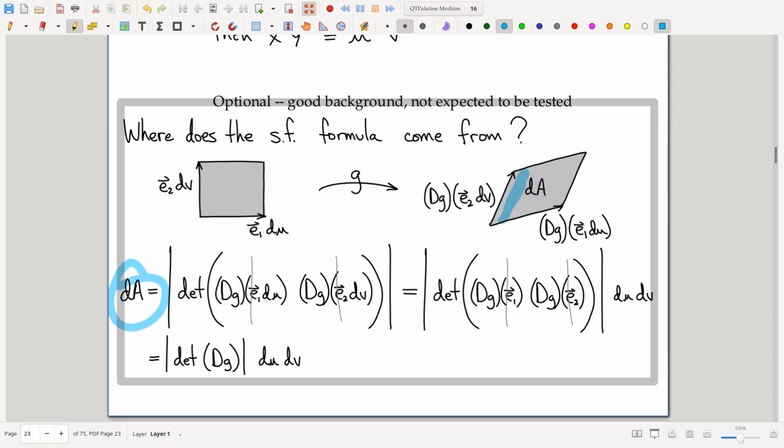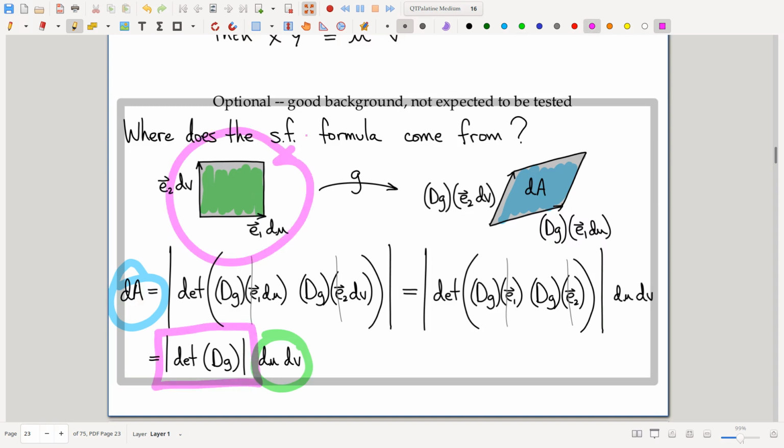Our output area, we can see, is the input area times a factor. And so that factor, the thing you multiply by green to get blue, there it is. Pops right out of this calculation. And as we claimed, it's the absolute value of the Jacobian determinant.